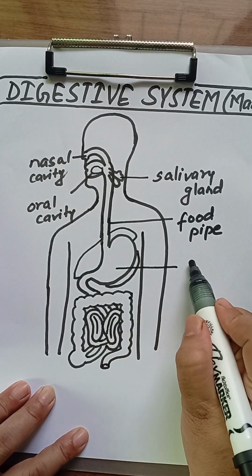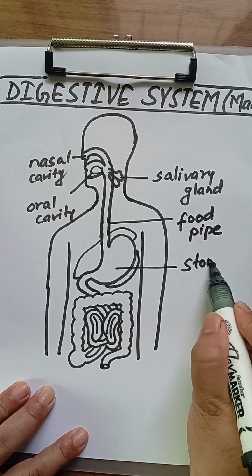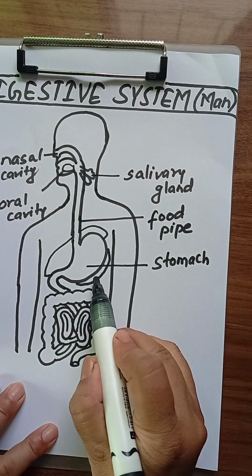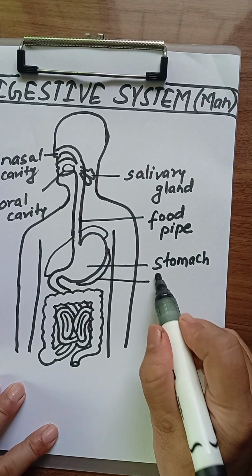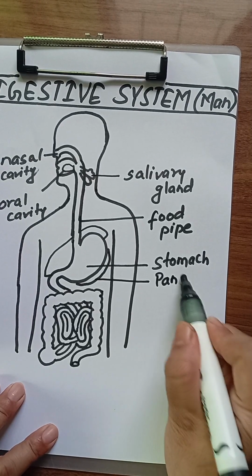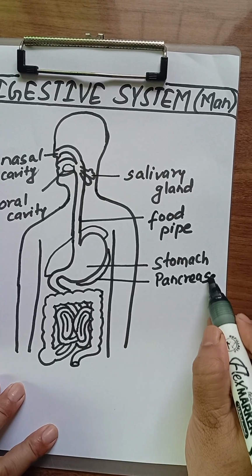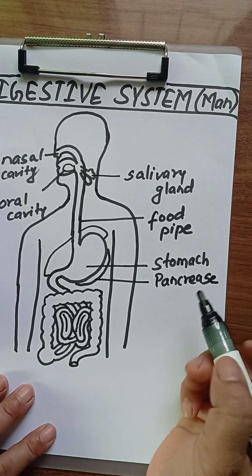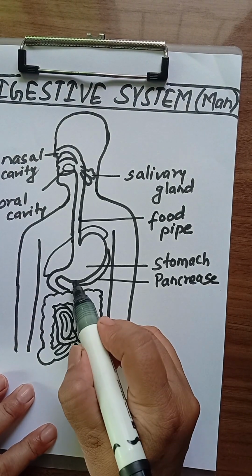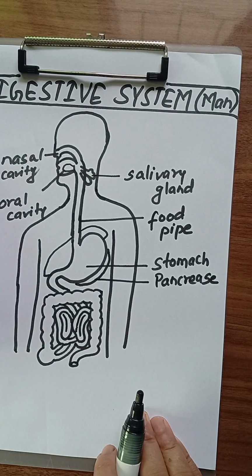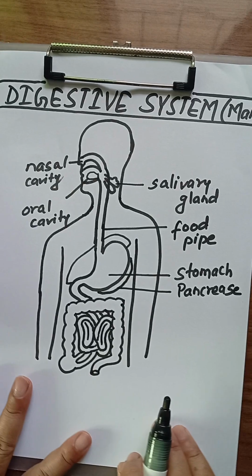This one is the stomach. This is another digestive gland, and it is the pancreas. It produces the digestive enzymes that digest protein, carbohydrate, and fat.